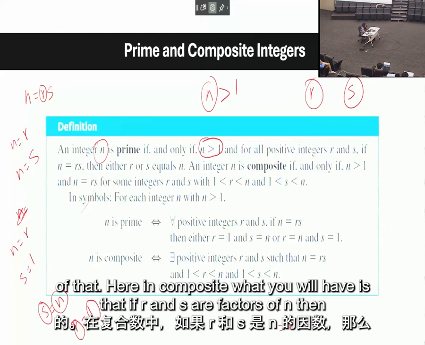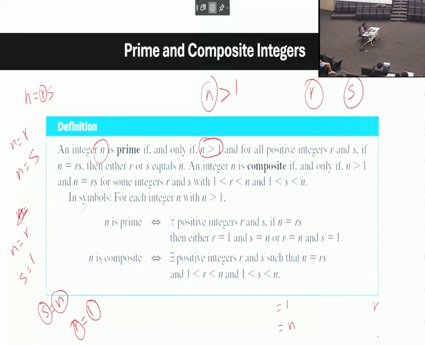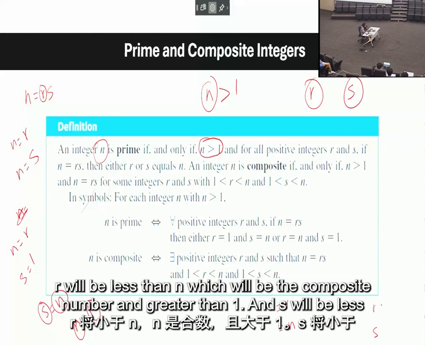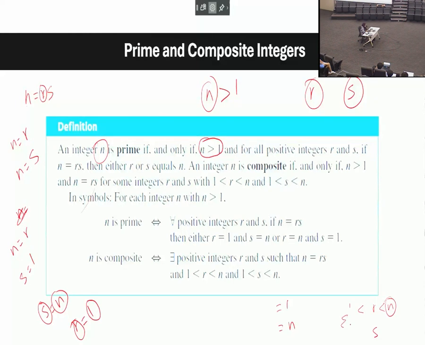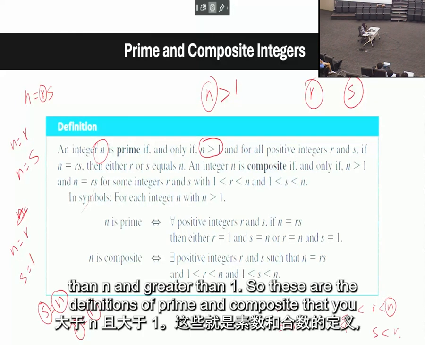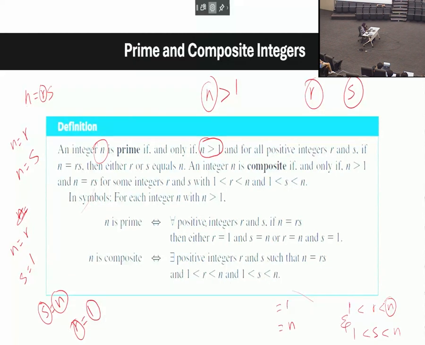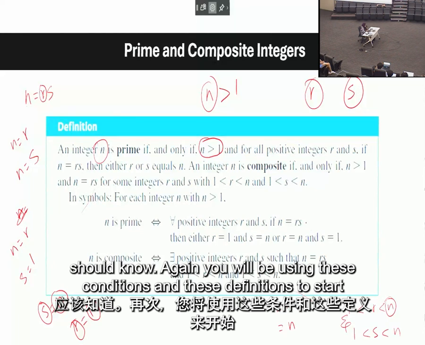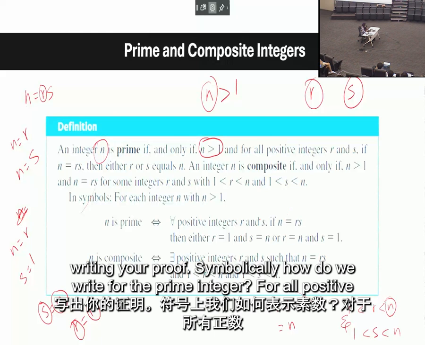Here in composite, what you will have is that if r and s are factors of n, then r will be less than n, which will be the composite number, and greater than 1, and s will be less than n and greater than 1. Okay, so these are the definitions of prime and composite that you should know. Again, you will be using these conditions and these definitions to start writing your proof.